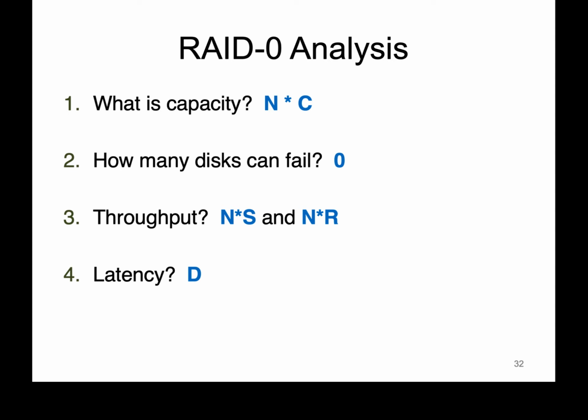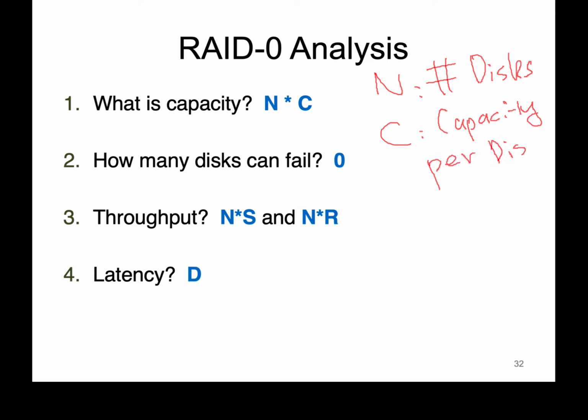So a bit more about the background of these constants. Here we assume n is the total number of hard disk drives included in this RAID 0. What is C? C is the capacity of a single disk.